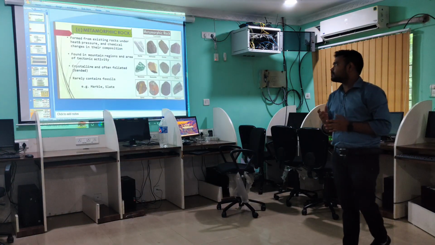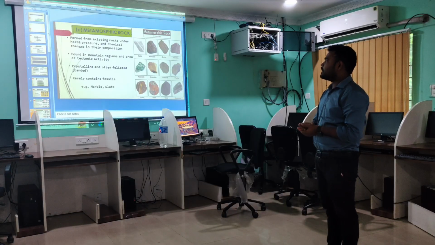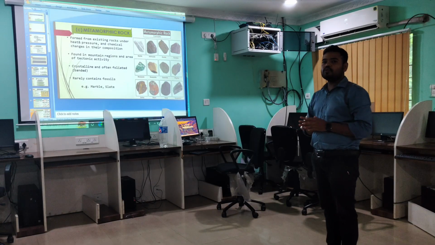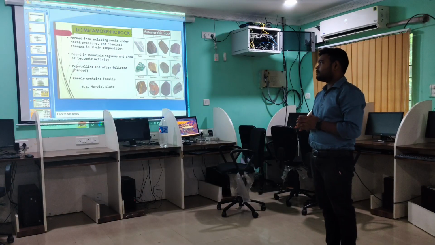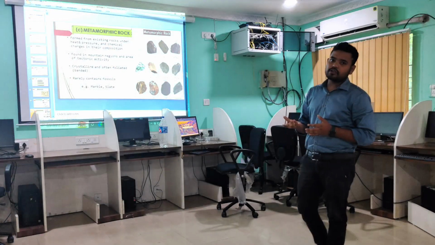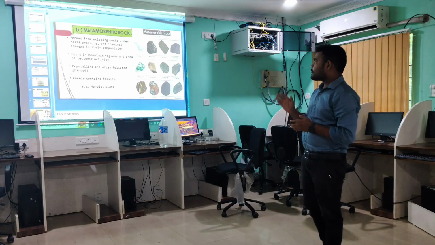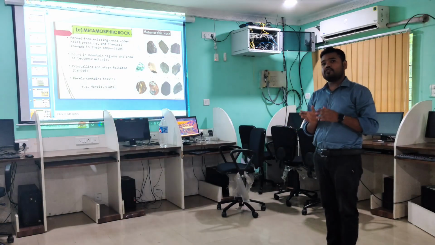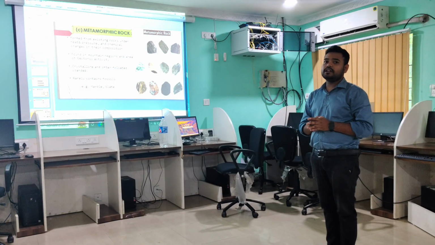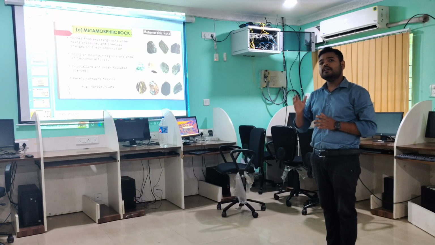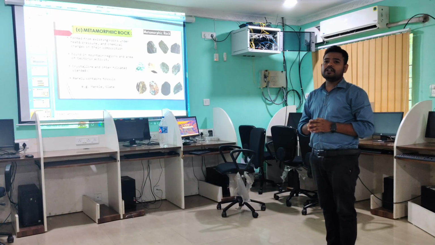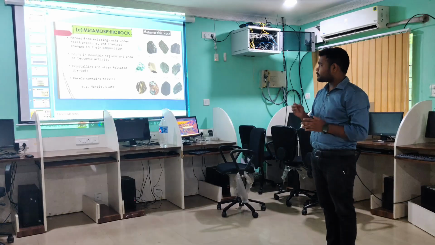The last is the metamorphic rock, also known as the tertiary rock. The metamorphic rock may be formed from igneous rock or sedimentary rock. If metamorphic rock is formed from igneous rock, it is known as parametamorphic. If it is formed from sedimentary rock, it is known as orthometamorphic.